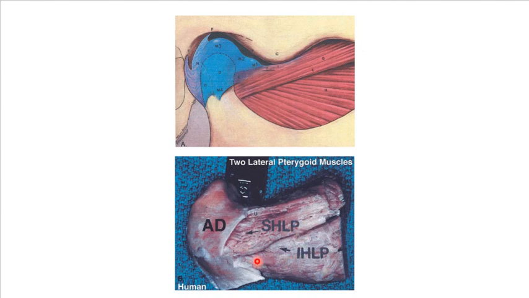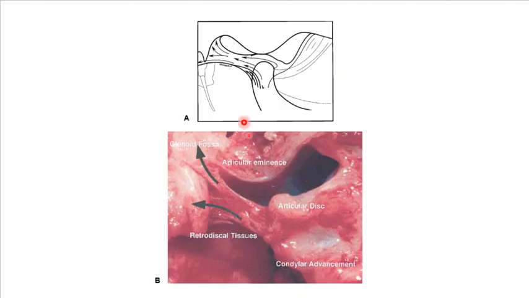In a diagrammatic view, this part is the inferior head of the lateral pterygoid, attached underneath the superior head of the lateral pterygoid, both of them attaching in the anterior portion of the condyle. This is also the cadaveric representation.